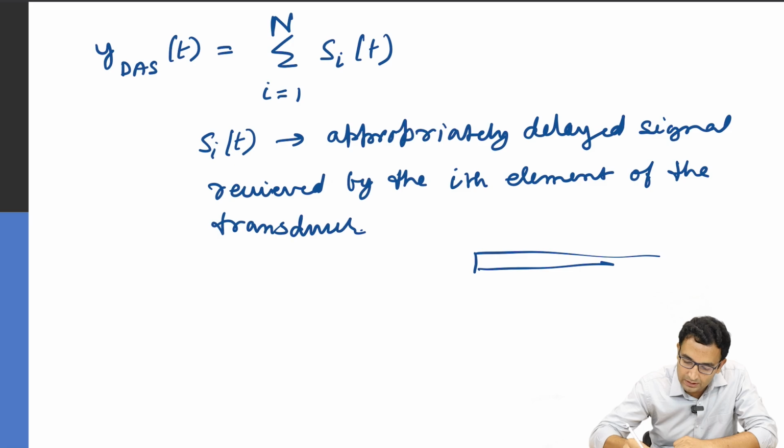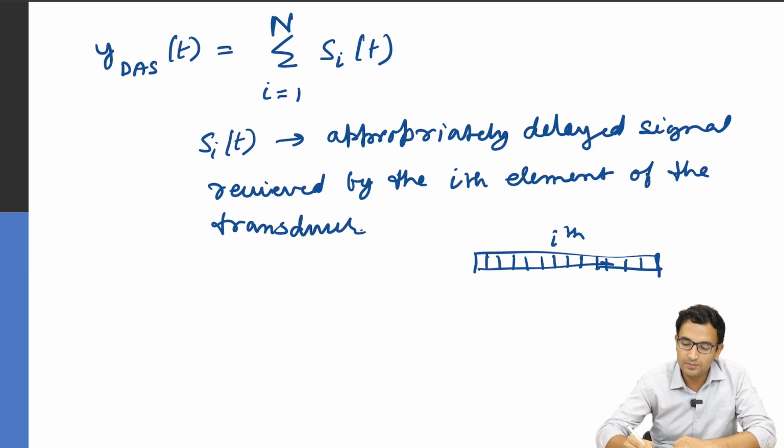So essentially, if this is your transducer and you have several elements like this, I'm talking about the ith element, and i will vary from 1 to n, where n is the total number of elements, which may be something like 64 or 32 or 128 or 256, depending on what type of transducer you use. So this signal of the ith element will be appropriately delayed and summed, right?